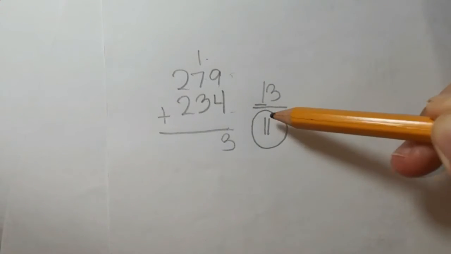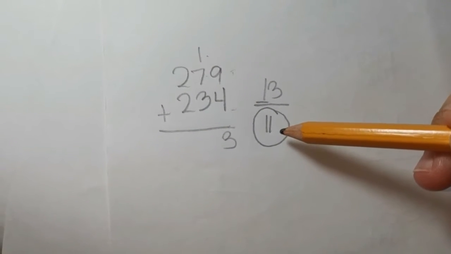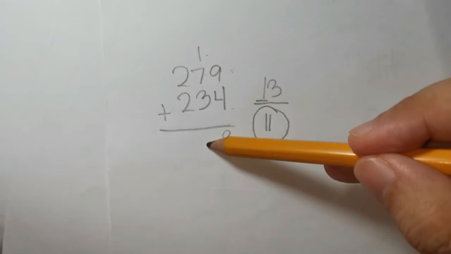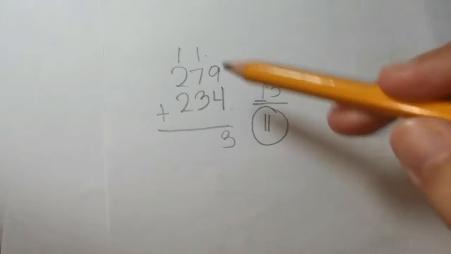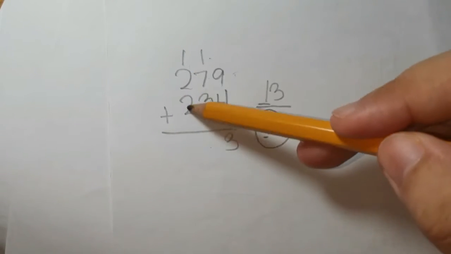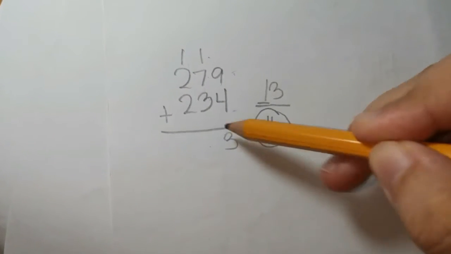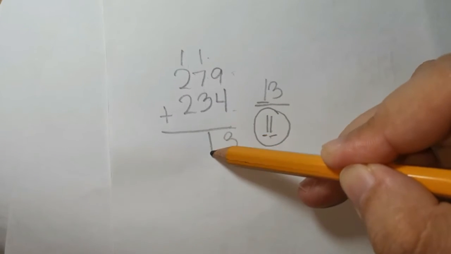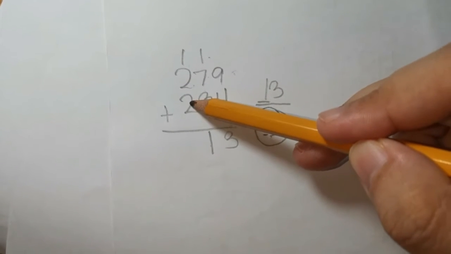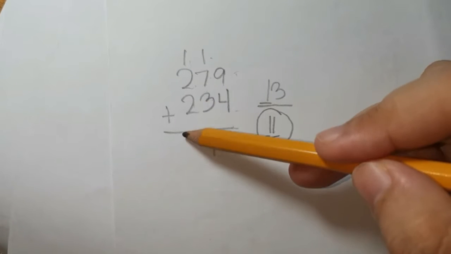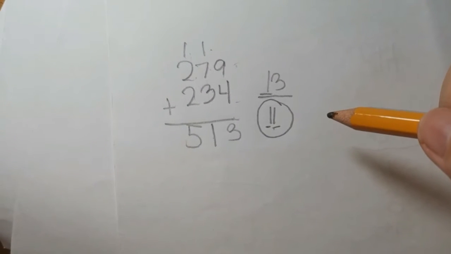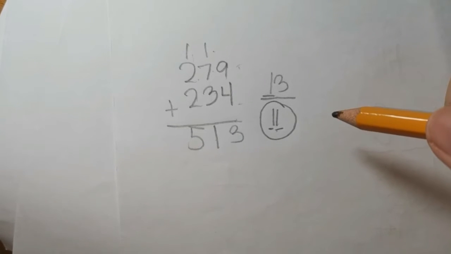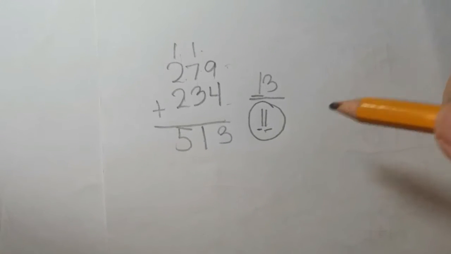Since again we cannot put two digits in the tens place, we will regroup the other one here at the hundreds place, and we will put one at the tens below. So 2 plus 2 equals 4, plus 1 equals 5. So the answer is 513 students who participated in the suggestions of new food items.